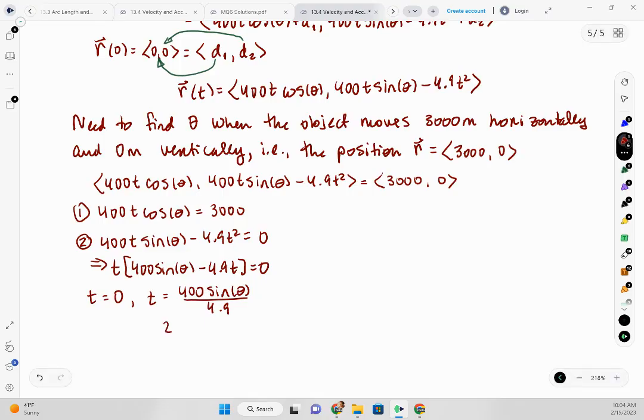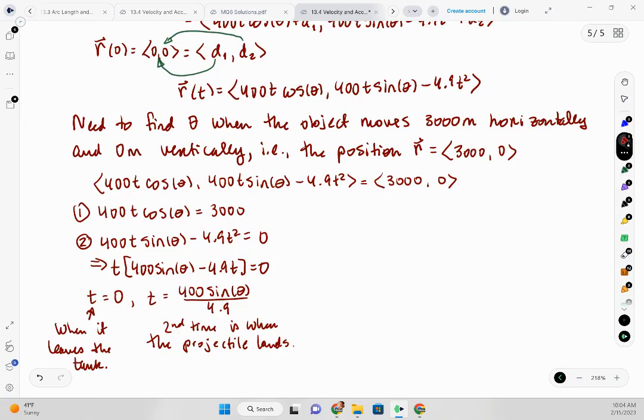This second time is when the projectile lands. The first time is when it leaves the ground, or I should say the tank.